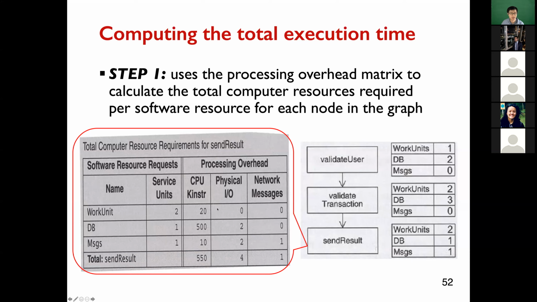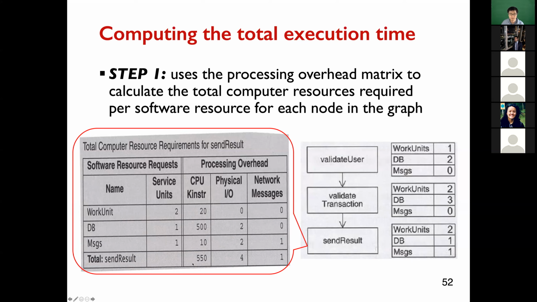For example, here, the CPU requirement is 550. Why is it 550? Because it is 20 times 2, because we have 2 work units, and for each work unit there are 20K instructions of CPU. So 20 times 2 plus 500 times 1 plus 10 times 1.